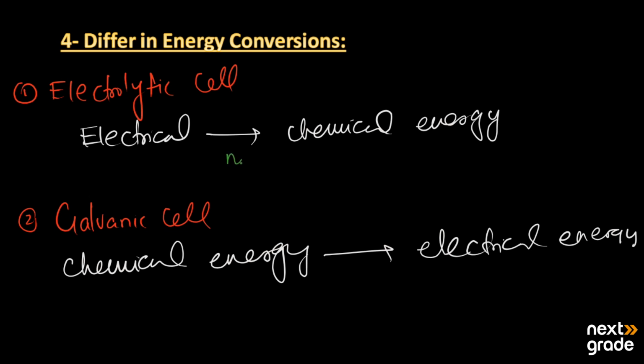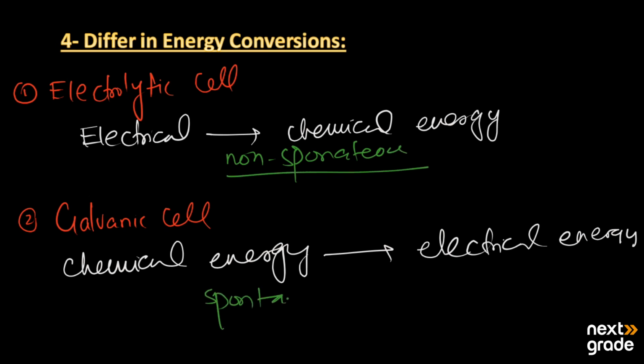The first is non-spontaneous because it requires an outside source of energy, and the second is spontaneous because it happens by itself and does not require an outside source of energy.